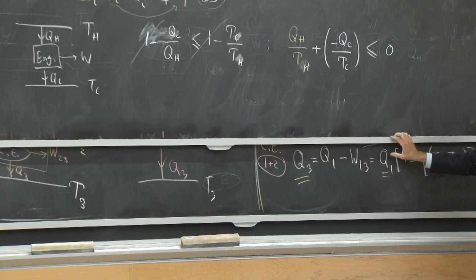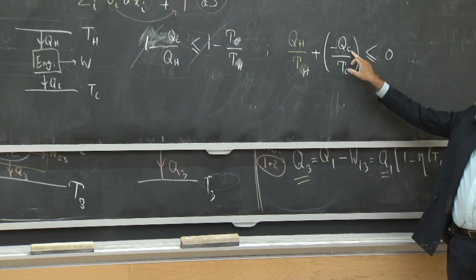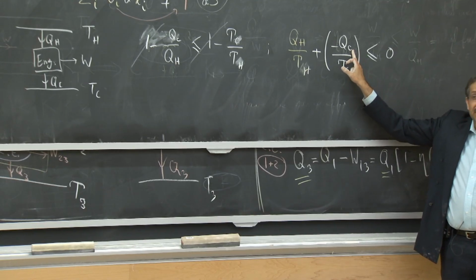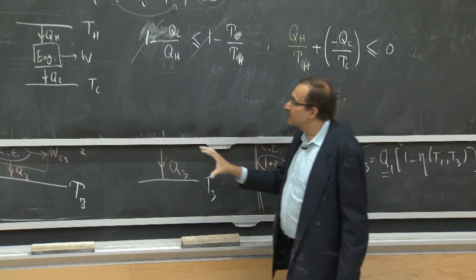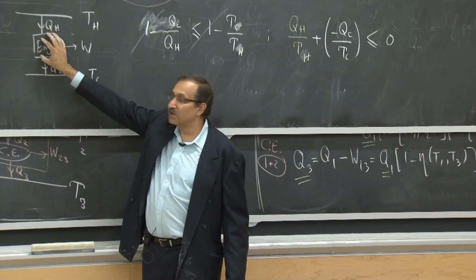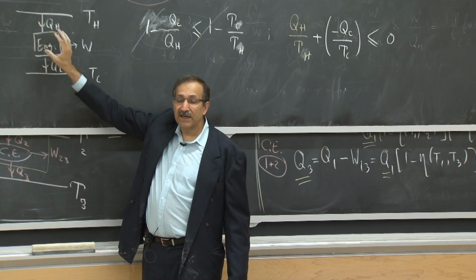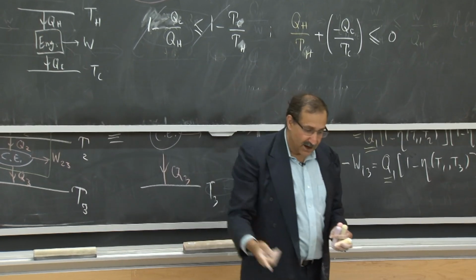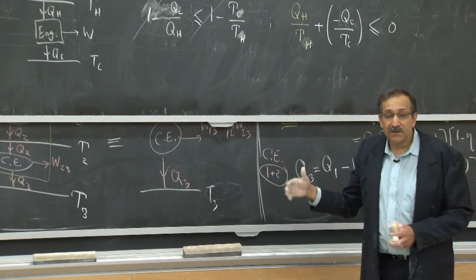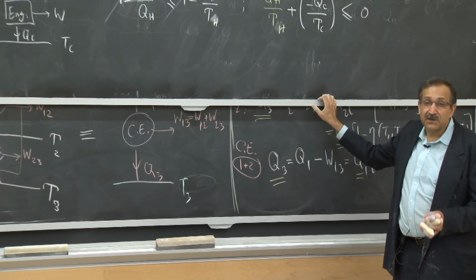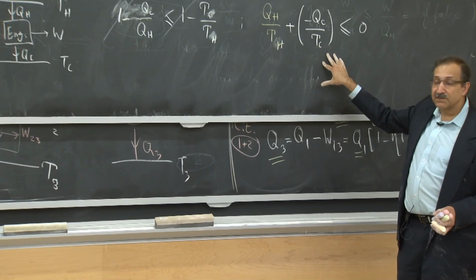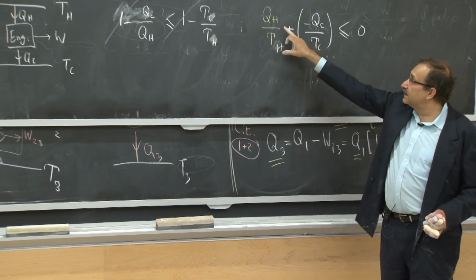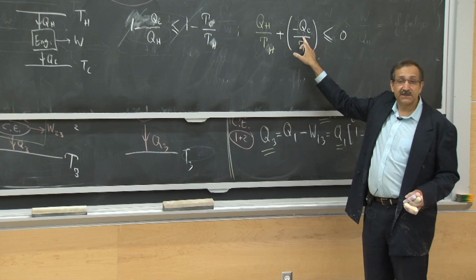But I wrote this as minus QC so as to look at things from the perspective of the engine. So the engine is something that goes through a cycle. As part of that cycle, it does some work. But what this expression has to do with is the heat that goes into the system.